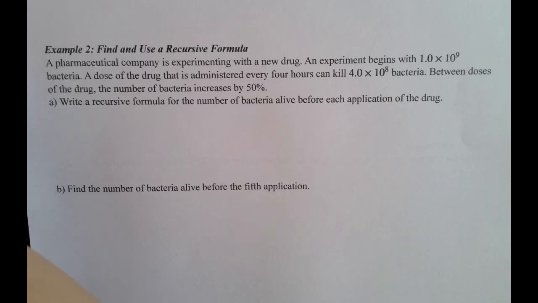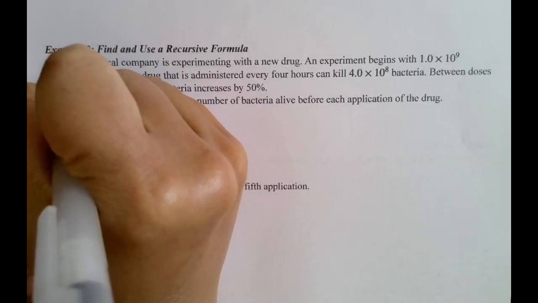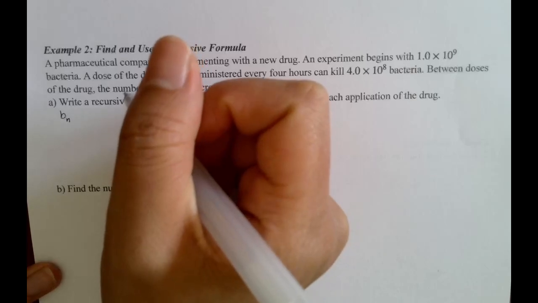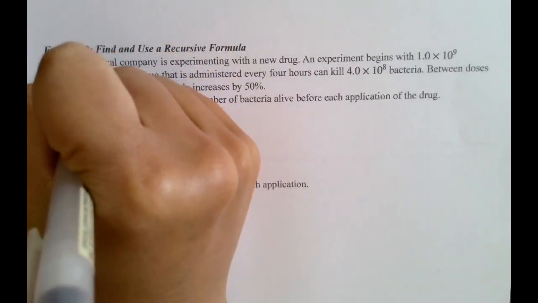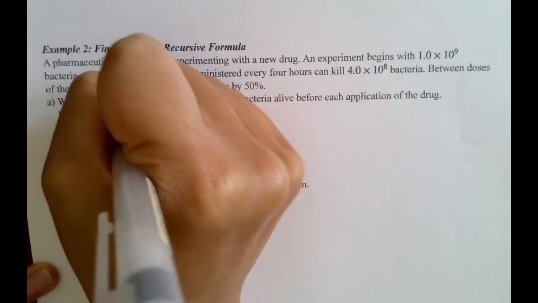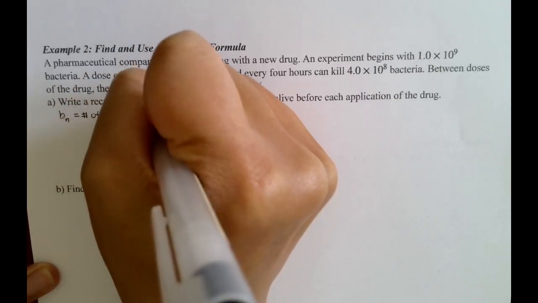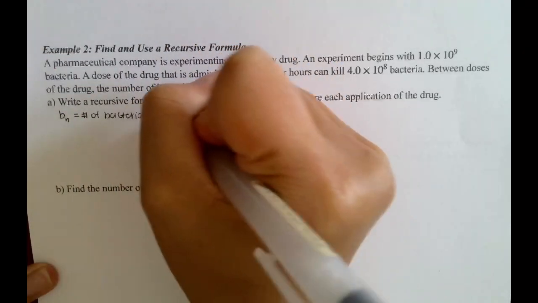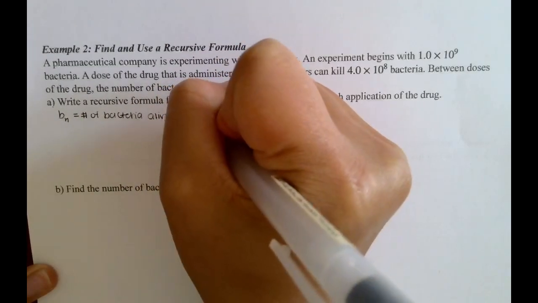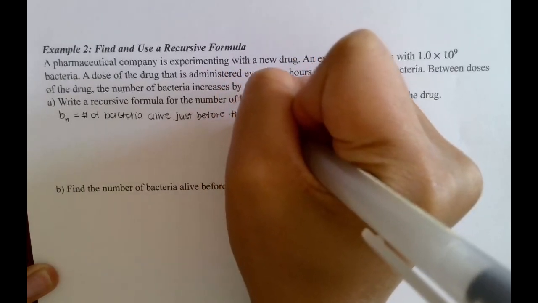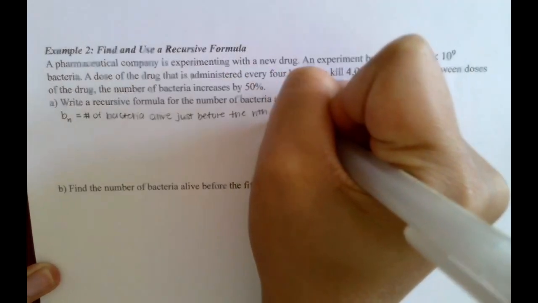Okay. So what we're going to do is we're going to set B sub n is going to be the number of bacteria that is alive just before the nth dose.